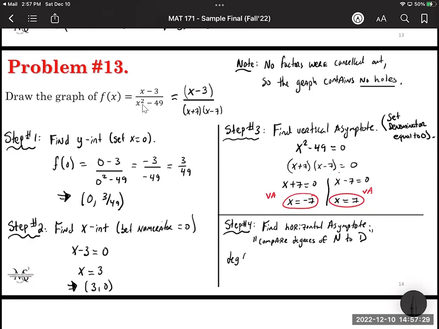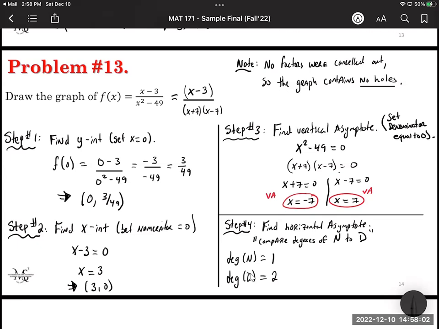So what is the degree of the numerator? What is the highest power among the x minus 3? 1. What about the denominator now? When you look at x squared minus 49. 2.